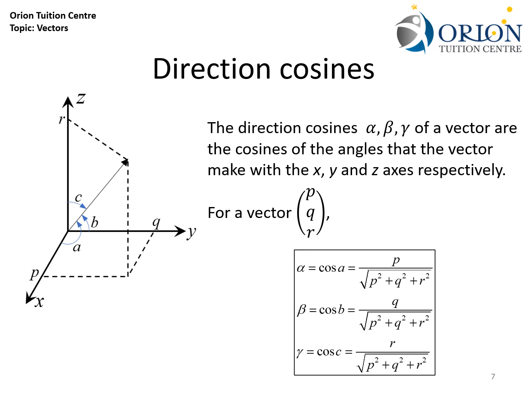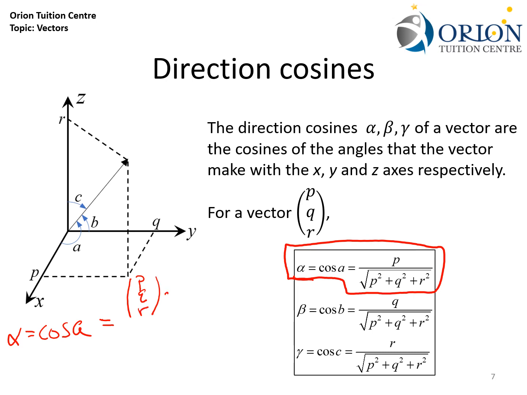For example, if I'm interested to find out what alpha is, I know that alpha is equal to cosine of A, and A is the angle that vector PQR makes with the x-axis. Therefore, I can write it as vector PQR dot product with (1, 0, 0), since the vector (1, 0, 0) is parallel to the x-axis, divided by mod of PQR and mod of (1, 0, 0).